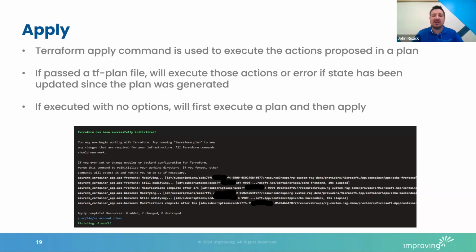There wasn't some detected change that I wasn't expecting that's going to cause an environment to get deleted and recreated. And then assuming that review process passes, somebody clicks an approve button, and then we run the apply command on that plan file to make those changes. Like I said, it's only going to run the changes in the plan file that were reviewed, or it's going to error if somebody else had made a change.